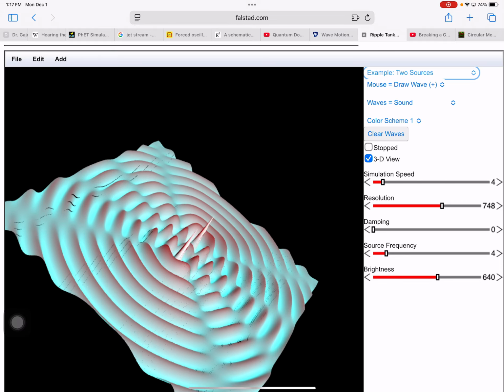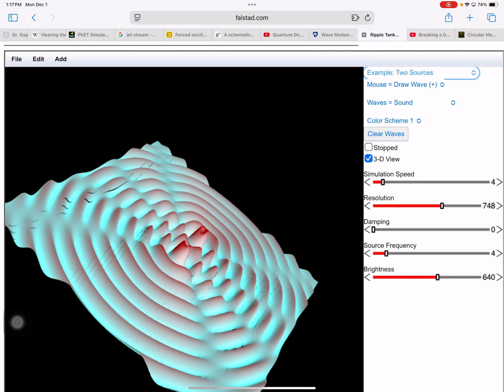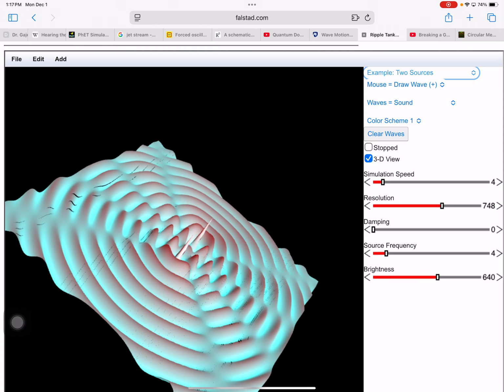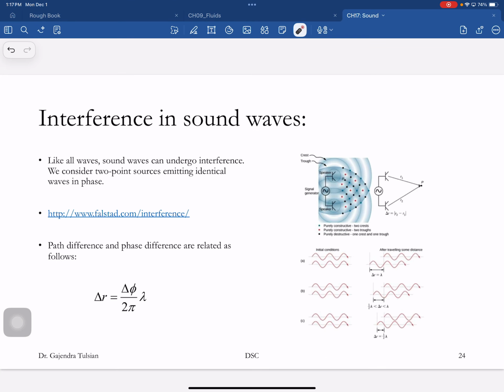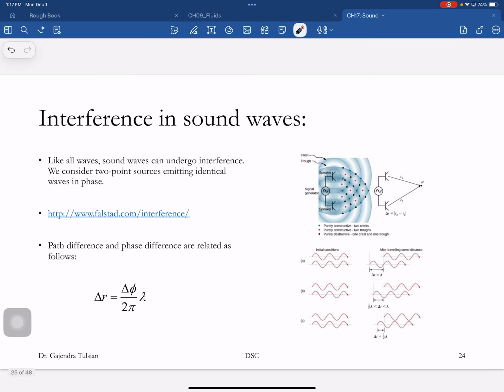If the two speakers were in phase, then you would have chairs in the middle. So if this speaker sends out a crest and the other a trough at that location, those two sound waves will cancel.